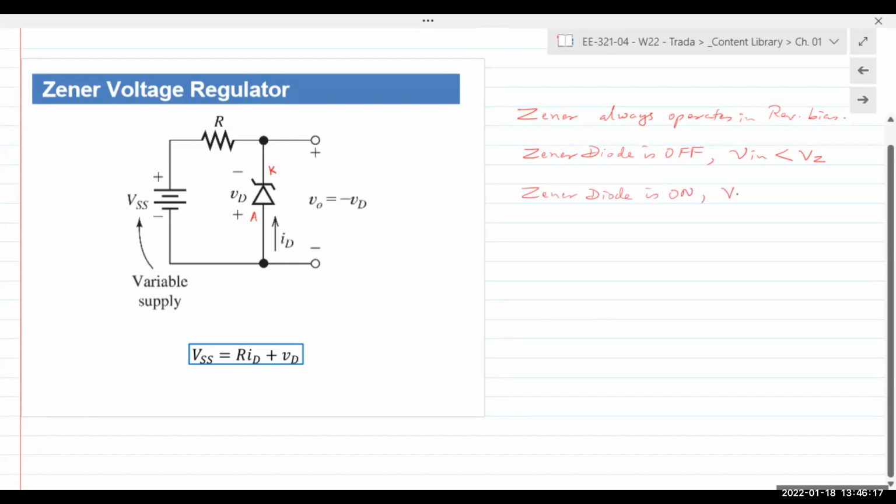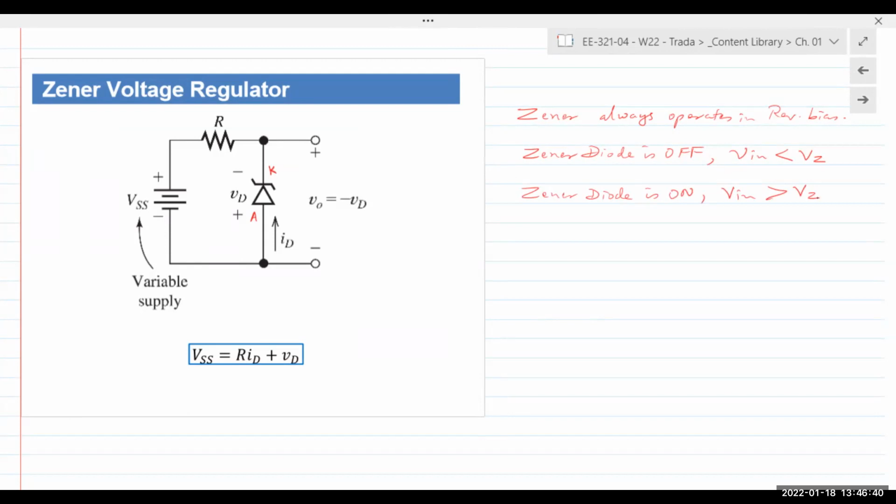When V in exceeds VZ, what happens? You are now applying a reverse voltage that is greater than the spec. And so now the Zener diode has broken down and the junction is now open. Carriers are flooding through and you have unlimited current flow. And so now the output voltage should remain constant at VZ.